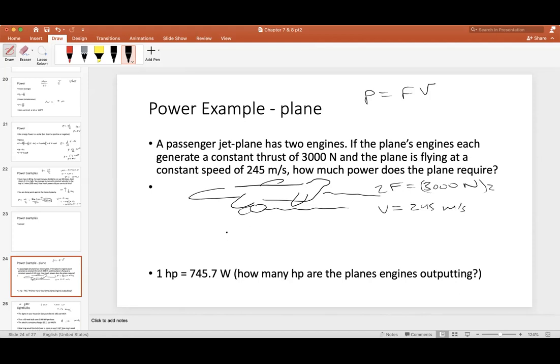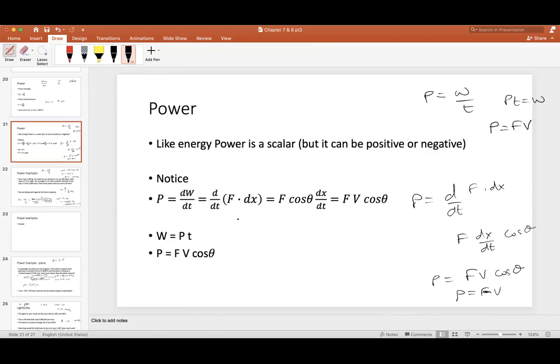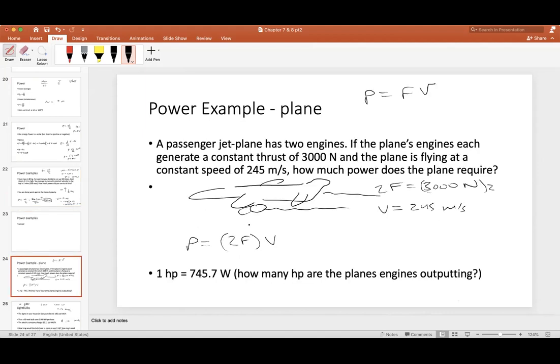The power that this plane would be required to put out in watts would be 2F times V. We did the derivation up here. That gives us FV. We should note that the force is going backwards, the velocity is going forward.